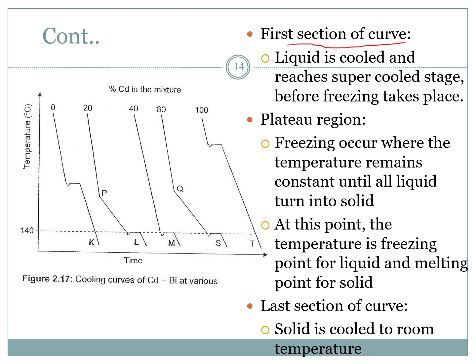First section of curve. Liquid is cooled and reaches supercooled stage before freezing takes place. Plateau region. Freezing occurs where the temperature remains constant until all liquid turns into solid. At this point, the temperature is freezing point for liquid and melting point for solid. The last section of curve, solid is cooled to room temperature.